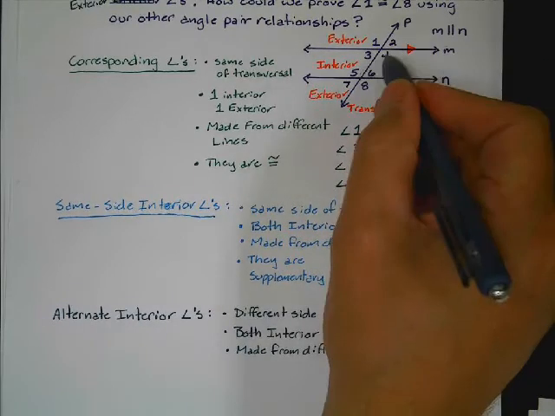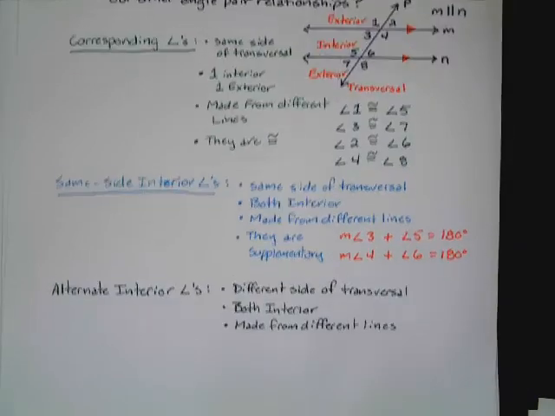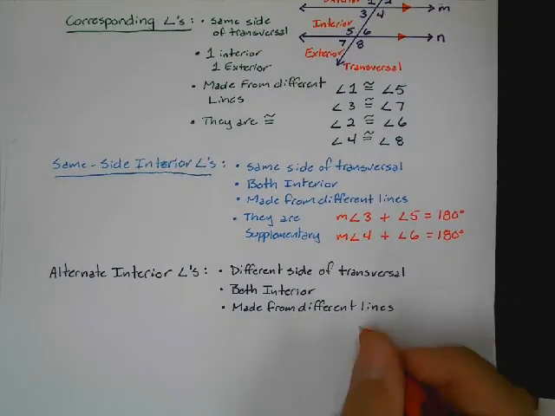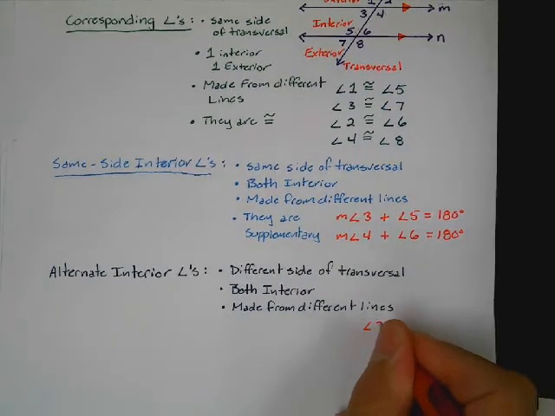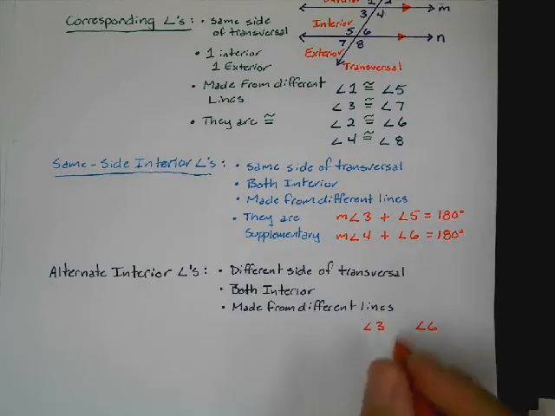And then 4 and 5 would be alternate interior angles. They're on different sides of the transversal, that's the alternate part, and they're both interior angles. So far we've got 3 and 6, and then we've got 4 and 5.